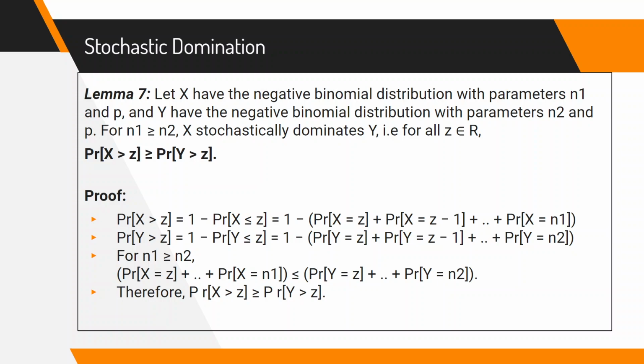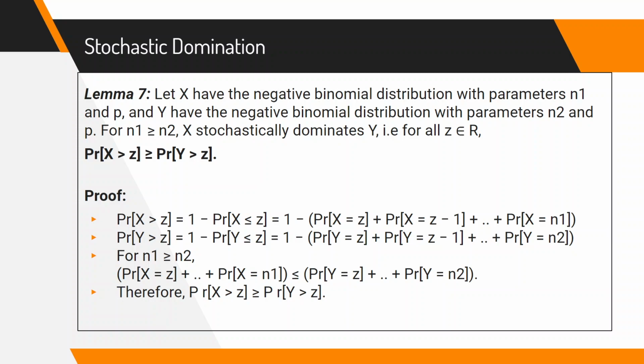The process is pretty simple. Probability of X greater than z can be represented as 1 minus probability of X less than or equal to z, which can be written as 1 minus the sum of probability of X equal to z, from z minus 1 up to X equal to n1.